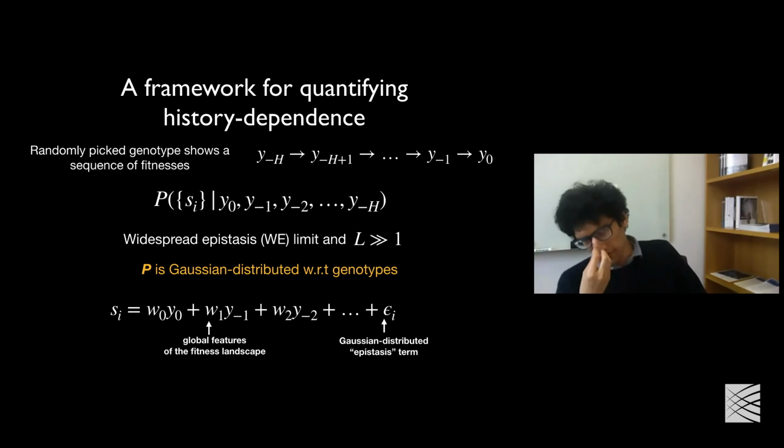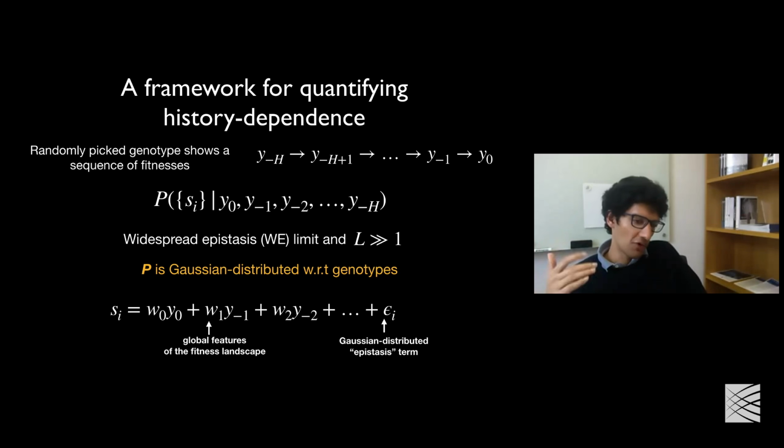And so essentially you can write any fitness effect as a linear sum of all the phenotypic changes that have happened in the past. So you can predict something based on what you have observed. Of course you have some uncertainty because you don't know exactly the genotype that you have picked, even though in this specific framework, we do know the landscape.